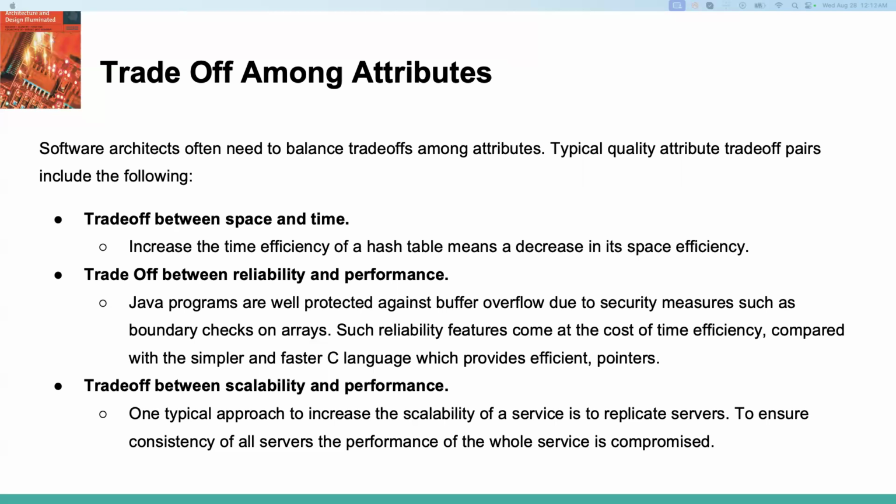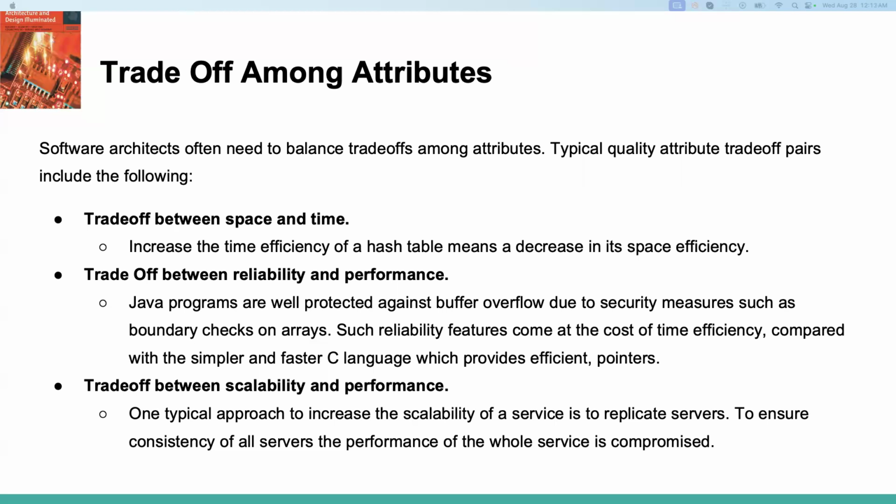Next is the trade-off between reliability and performance. Take Java, for example. It's designed with security features like boundary checks on arrays to prevent buffer overflow, making it more reliable. However, these checks slow things down compared to C, which is faster but less secure due to its use of pointers. Finally, there's the trade-off between scalability and performance.